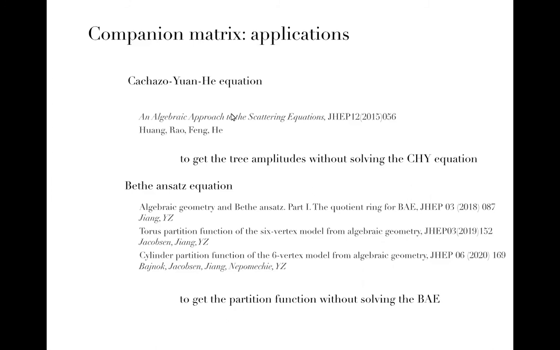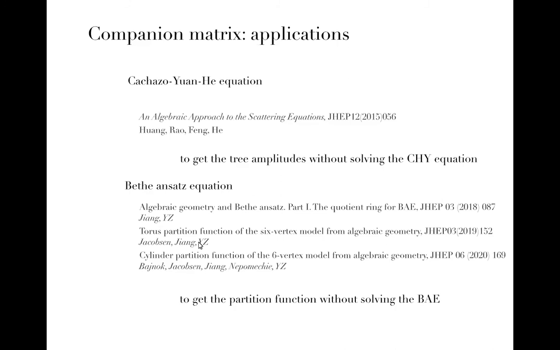Essentially it is this method: the CHY equation, calculate the Groebner basis, then calculate the companion matrix, take the trace, and you can get the scattering amplitudes analytically. You don't need to really solve the scattering equation, because solving it you get square roots, or something even worse than square roots if the degree is higher than 4. But here you can do everything just with rational numbers or rational functions.